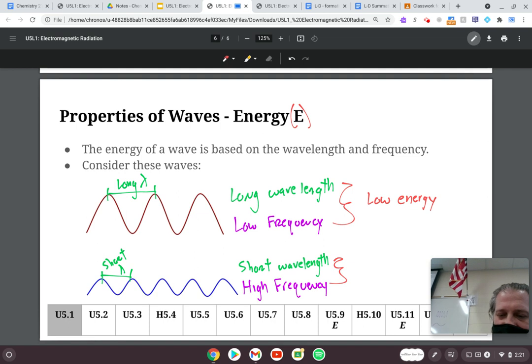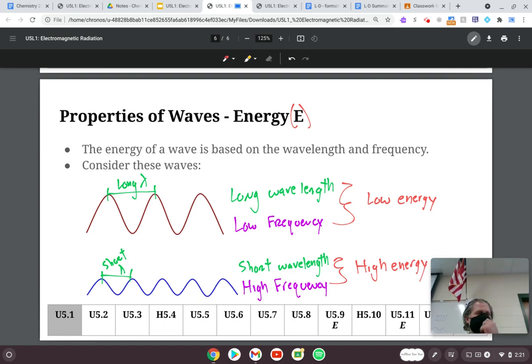And as a result of that, I'm going to have higher, or in this case, high energy. So what this means is that the closer the waves are together, the more energy they're going to have. The longer the waves are apart, the less energy they're going to have. Okay? And that's really what we're going to cover today.